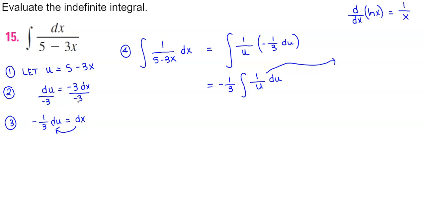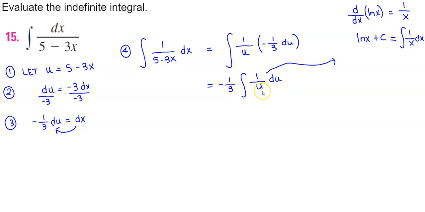Now if we wanted to find the antiderivative of 1 over x dx, well then that would be the natural log of x plus c. So in this case here, you will see that the antiderivative of 1 over x is going to be the natural log of that variable.